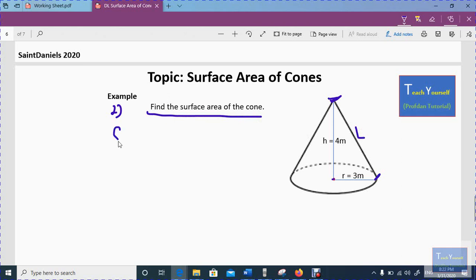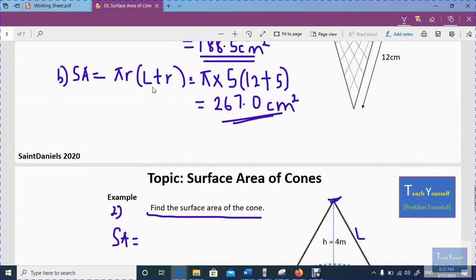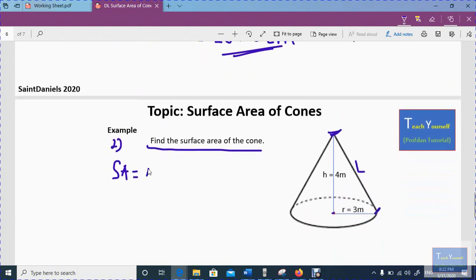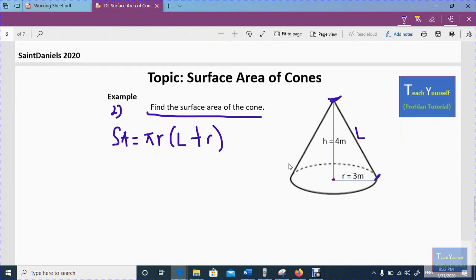What is the surface area of a cone? Remember the formula? This is it, okay? So we have pi times the radius into brackets slant length plus radius. Slant length, not height. So this takes us to another part in mathematics. If you look at this part, let me call this A, the center B, and this is C. Bringing out that, you see a triangle, okay?